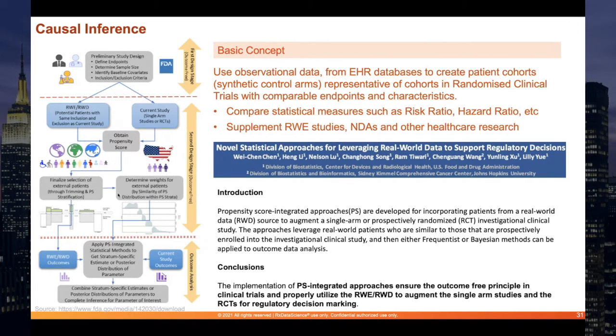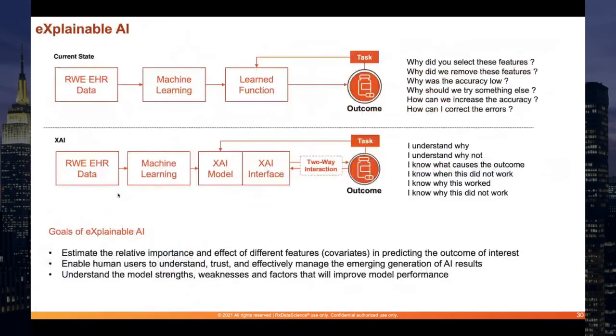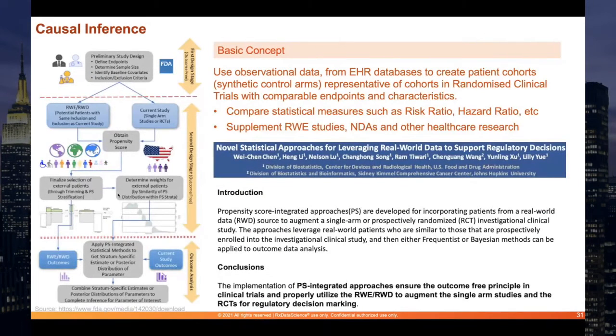The second concept after explainable AI is an area called causal inference. You may have worked with products like Aetion. Essentially what we are trying to do here is create cohorts, groups of patients who look very similar to patients in a randomized clinical trial.